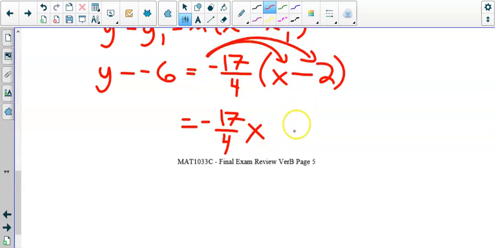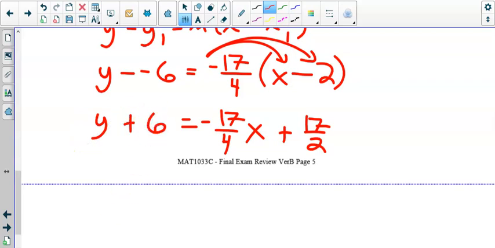You're going to notice a lot of the same numbers. When I take negative 17 over 4 times a negative 2, I get a plus 17 over 2. Negatives by a negative become a positive. How do I get rid of a positive 6? Minus 6.